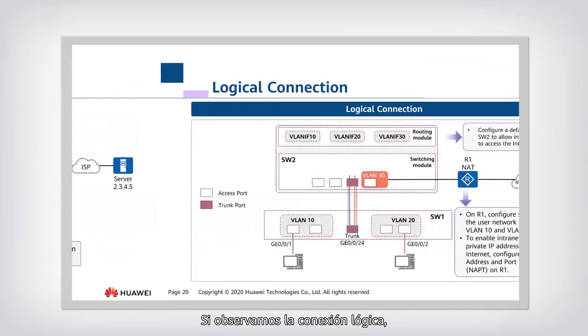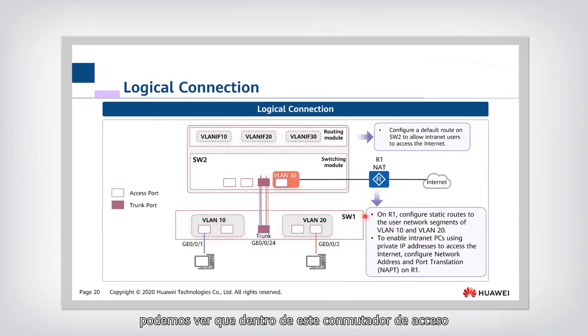If we look at the logical connection, you can see that within this access switch, they have two different VLANs, and this interface belongs to VLAN 10. This interface belongs to VLAN 20. It also has a trunk interface, which can transmit packets from both VLANs.